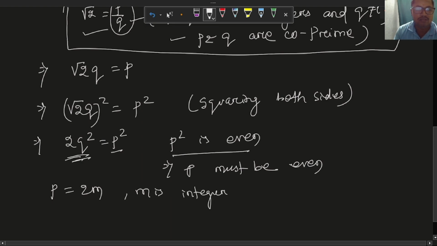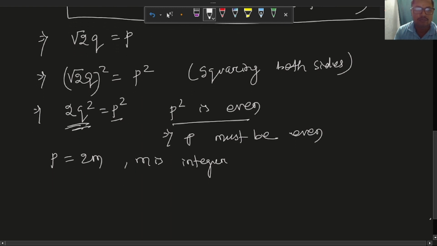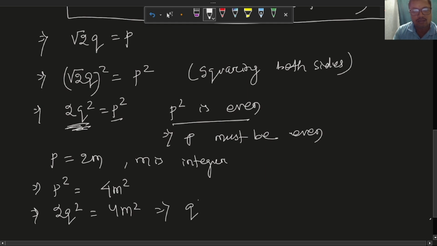If p equals 2m, then by squaring both sides p square will be 4m square. We had p square equal to 2q square, so 2q square equals 4m square. That implies q square equals 2m square.